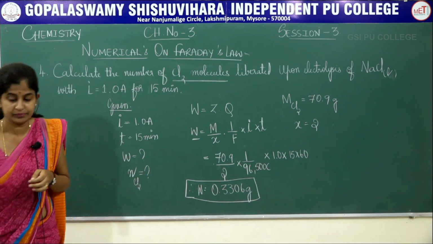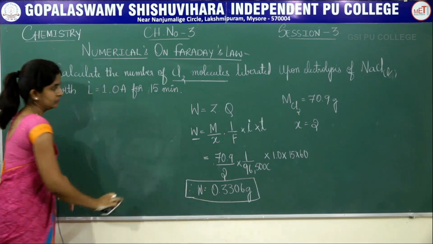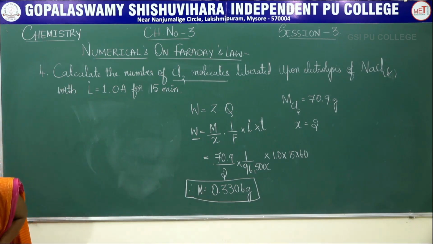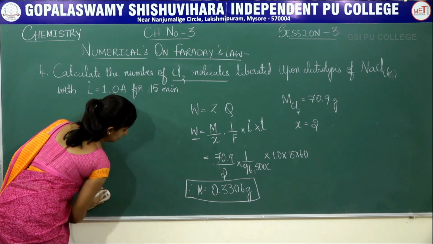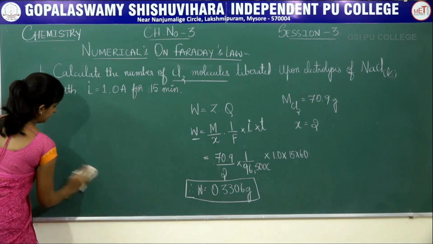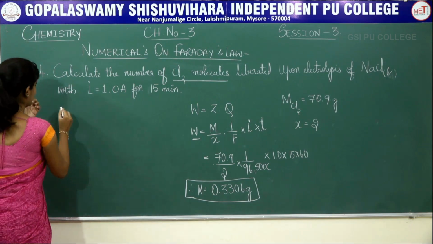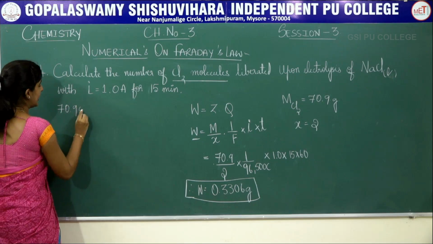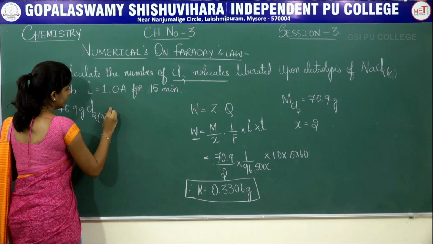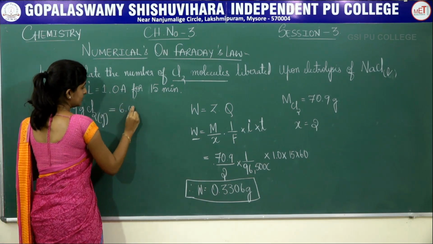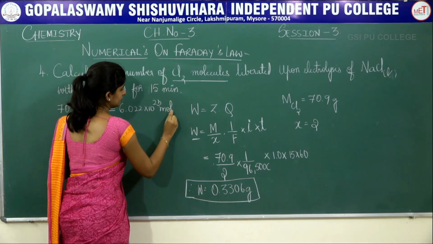So, let us see how to do it. 70.9 grams of chlorine gas is equal to 6.022 into 10 to the power of 23 molecules.